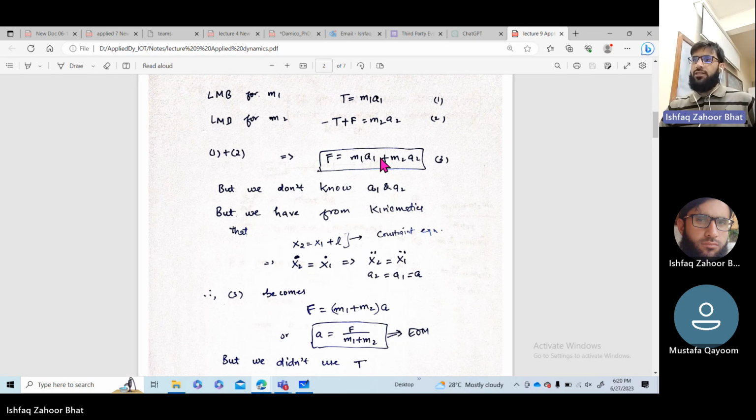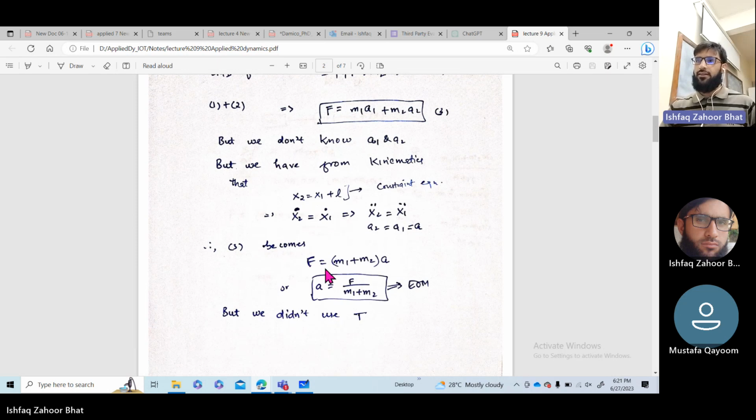When we enforce this condition in equation 3, we get F equal to (m1 plus m2) times a, since a is common. So this acceleration is F divided by m1 plus m2. It is the acceleration of the whole system: every point of this system moves with the same acceleration. It is the acceleration of m1, of m2, and obviously of the center of mass.